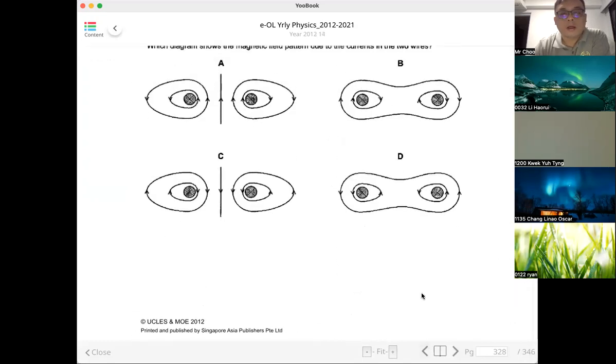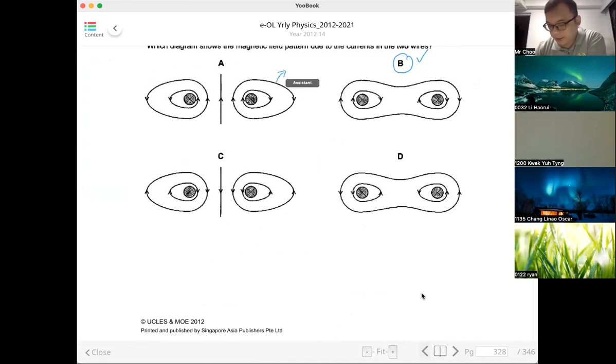All of you know that if it's two crosses, for this question the answer is B, and we understand that B is correct. Now I want all of you to imagine the magnetic field line.